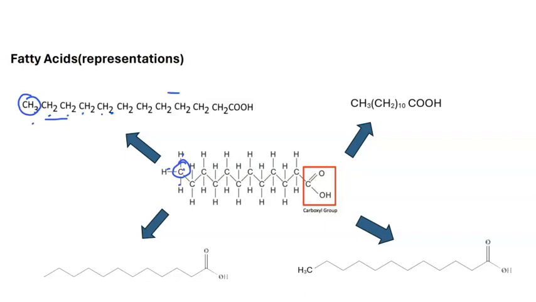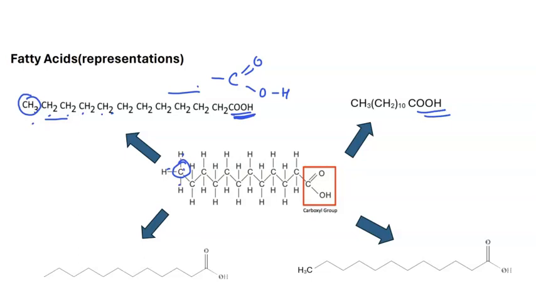So you can count the carbons there, and there is the carboxylic acid group, the C double bond O, and complete the valency by linking to the previous carbon. So C double OH, and you can see here's an alternative, much simpler, much tidier form of showing the fatty acid.